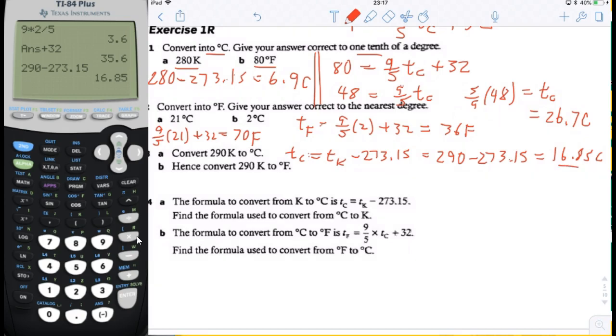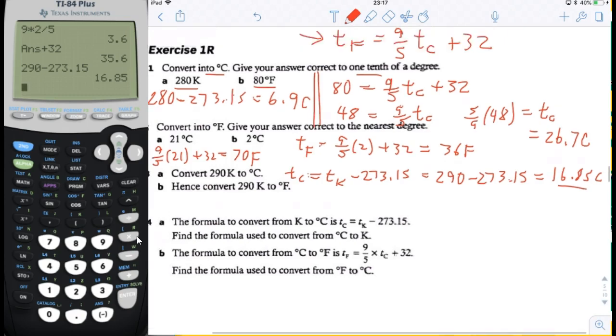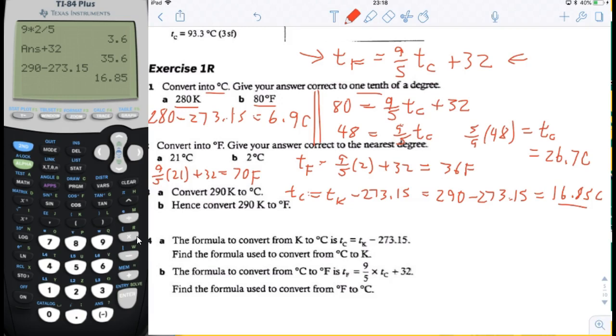Okay, so now I have a Celsius number here. I'm going to change it to Fahrenheit using this formula again. So TF equals 9/5 TC. TC is 16.85 or 16.9, plus 32.